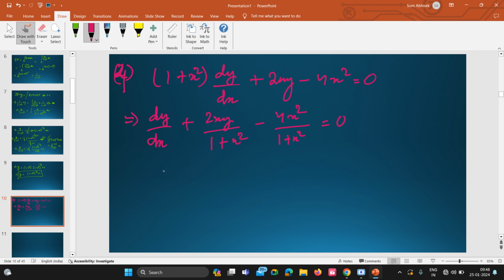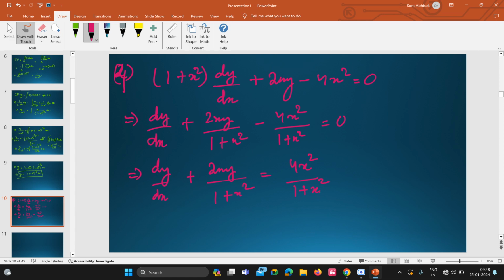I can take this to the other side. So dy by dx plus 2xy by 1 plus x square is equal to 4x square by 1 plus x square. So this is in the form where this is your P, this is your Q.